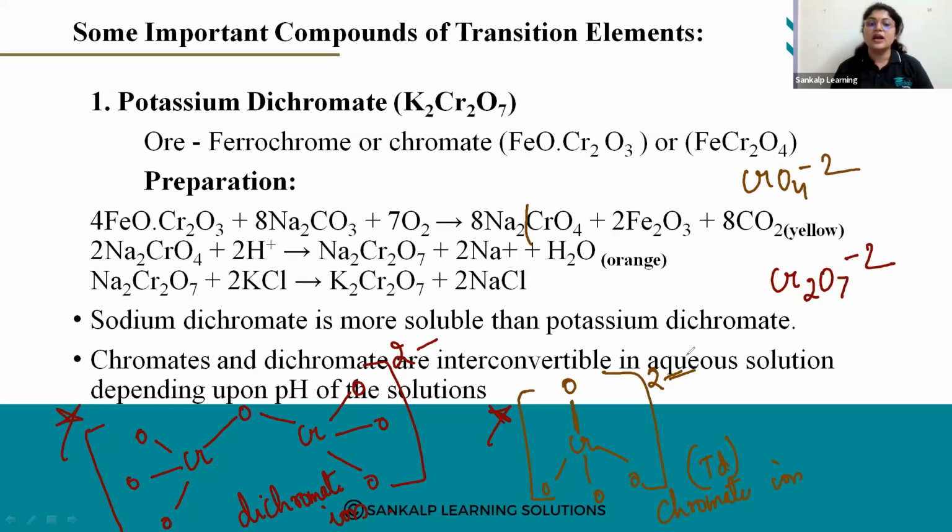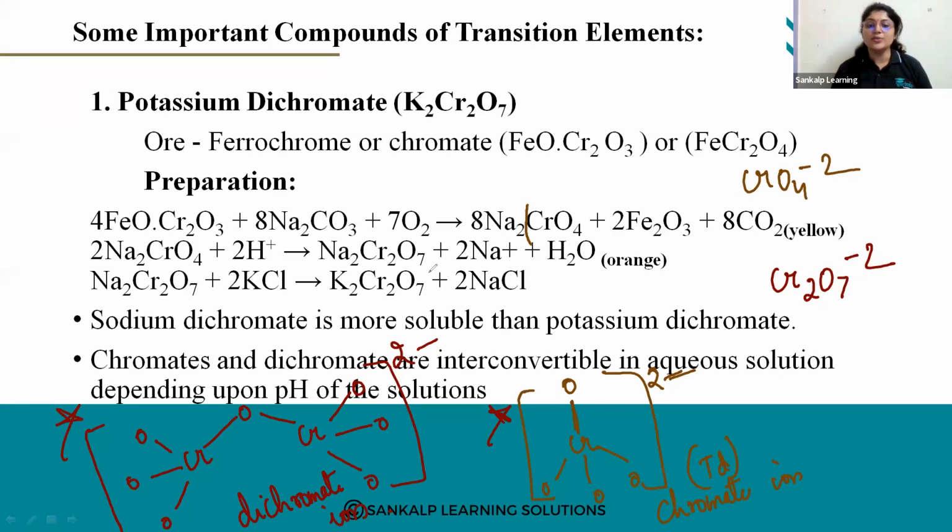In the first step, after fusing it with sodium carbonate and with excess of oxygen, the ferrochrome is converted into a yellow colored solution of sodium chromate. Now this sodium chromate, we treat by acidifying the solution with excess of sulfuric acid, and we continuously heat it till we get orange colored crystals of sodium dichromate.